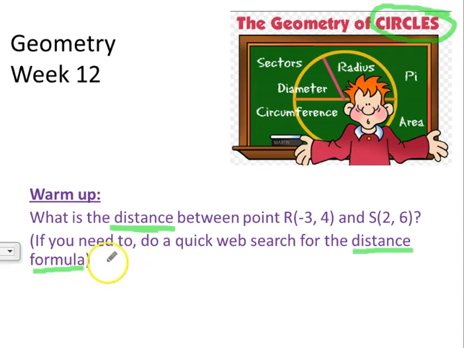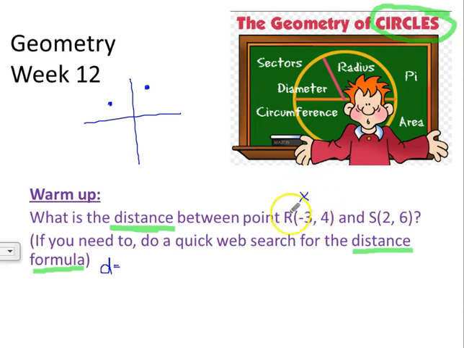All right, so what is the distance formula? So remember, when we calculate the distance between 2 points, so if we were to create a coordinate plane and plot our 2 points, we want to find the distance between our 2 points. We can use the distance formula. And the distance formula, what we're going to do is we're going to plug in our 2 coordinates.